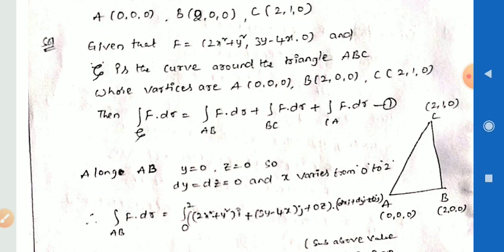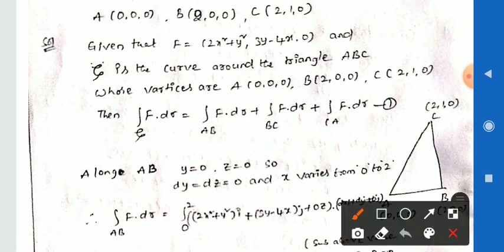Then we have the formula: integration under the curve f dot dr is equal to integration AB f dot dr plus integration BC f dot dr plus integration CA f dot dr, that is equation 1.